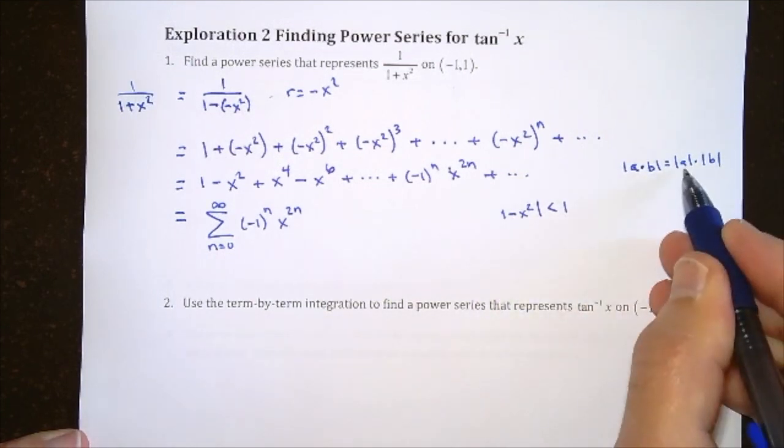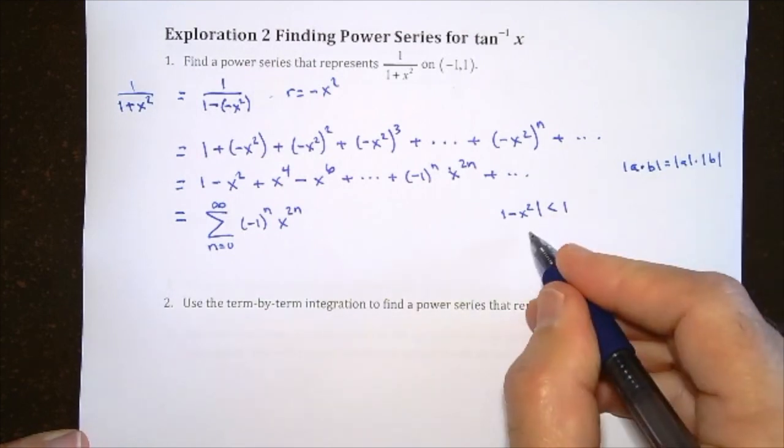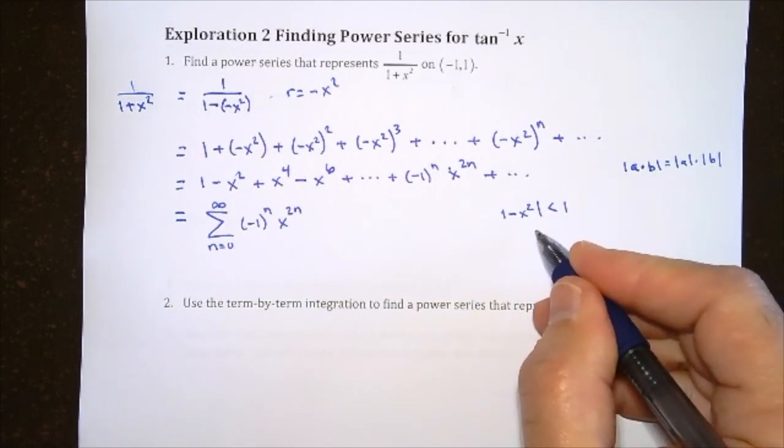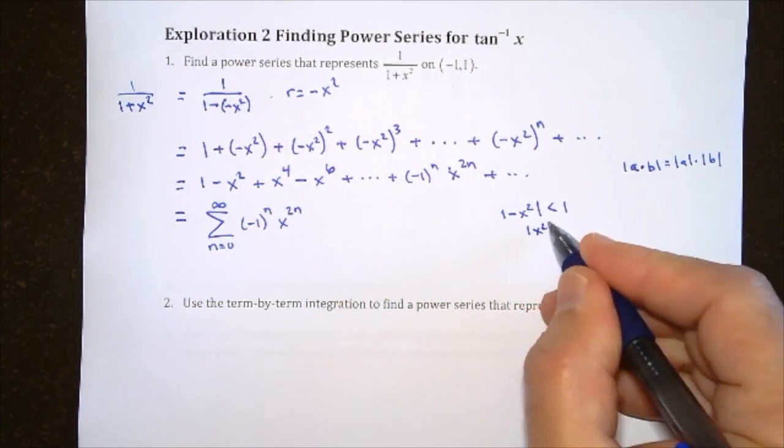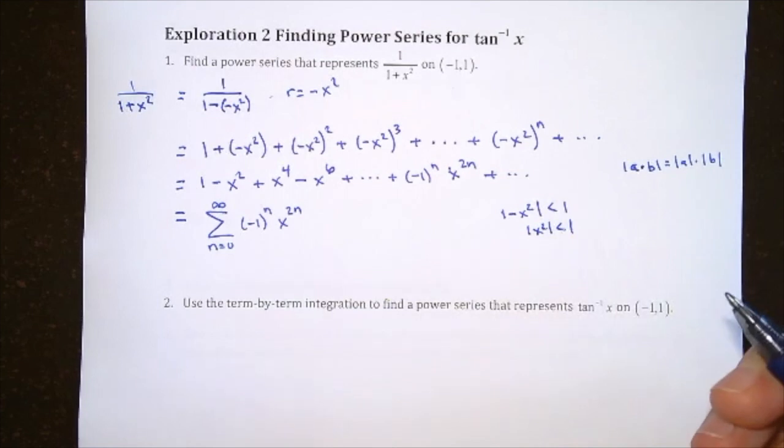So this is negative 1, and the absolute value of negative 1 would be 1. So this winds up being the absolute value of x squared is less than 1.